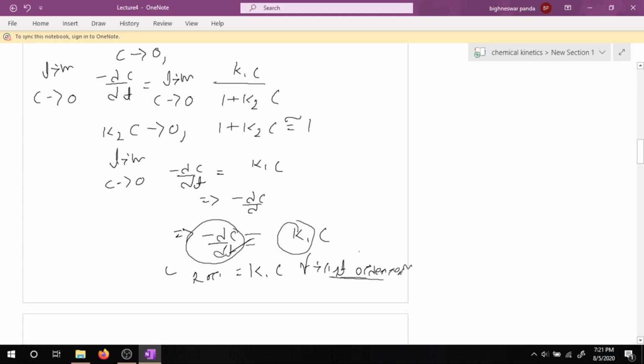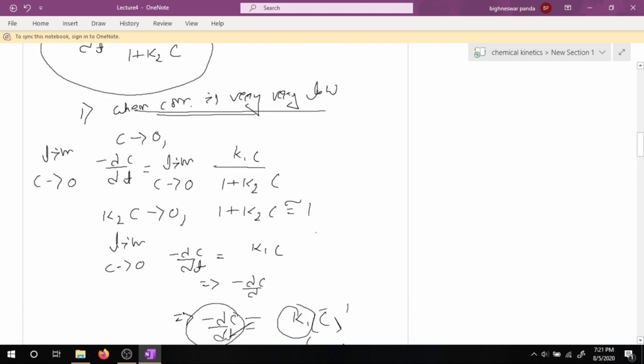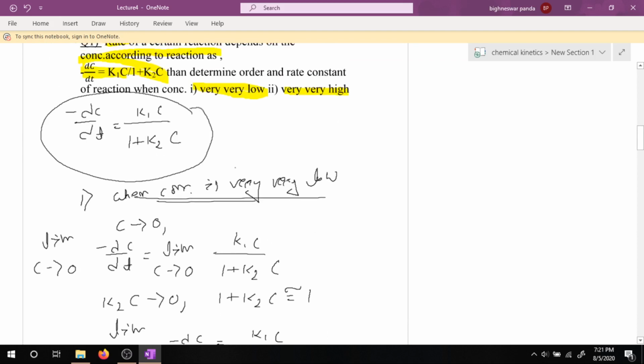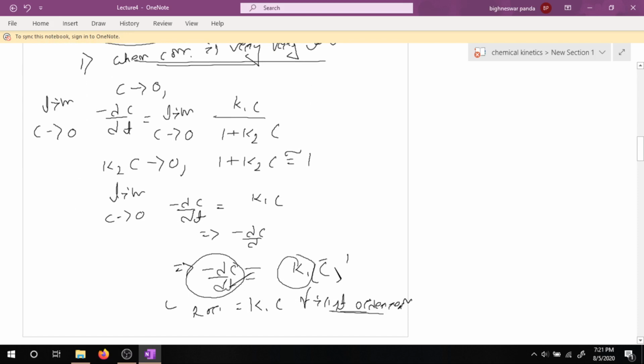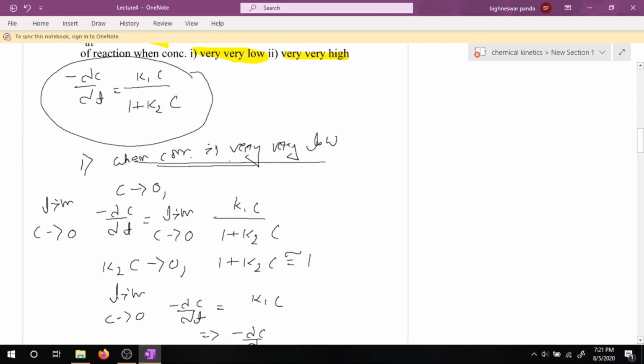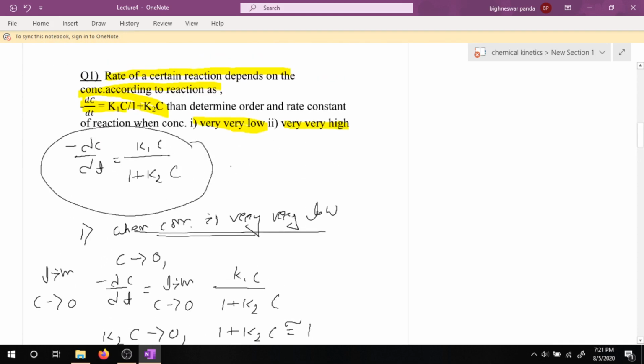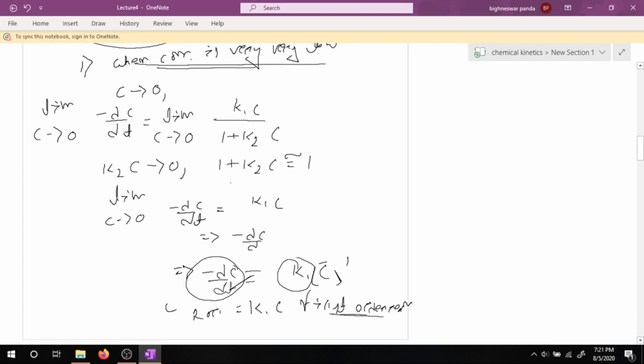Why first order? Since the rate of reaction is equal to the rate constant into concentration to the power 1. So when the concentration is very low, the reaction follows first order.